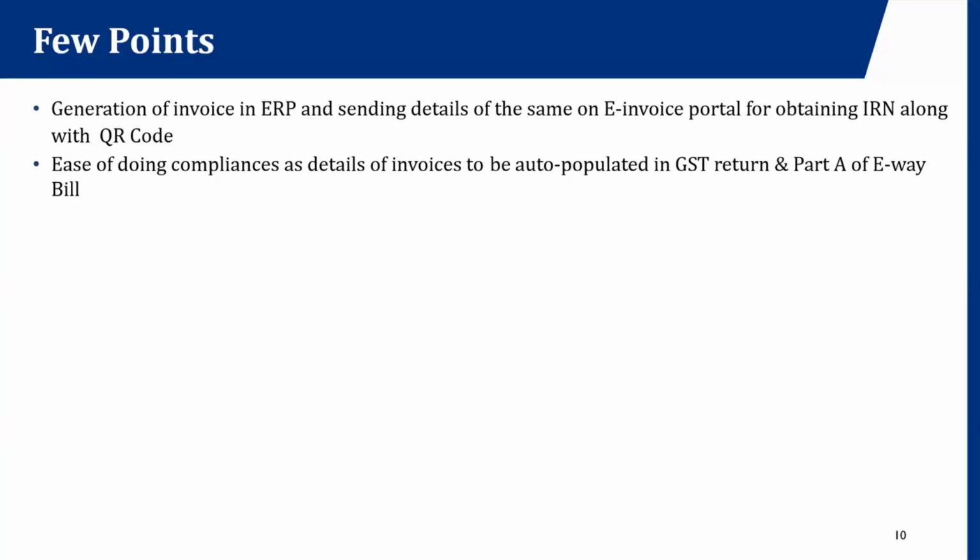After that, they will give us the IRN and QR code, which needs to be mentioned on the invoice. The second thing is ease of doing compliance. This is really a move based on which they will now be getting the data on a real time basis, meaning the government will get the data on the same day itself, and this will be integrated for the GST return, that is GSTR-1, and it has already started populating on the portal.